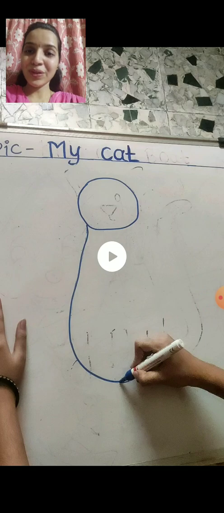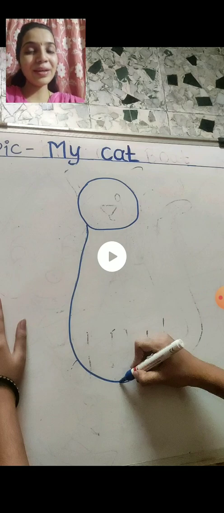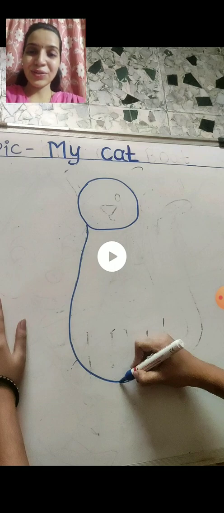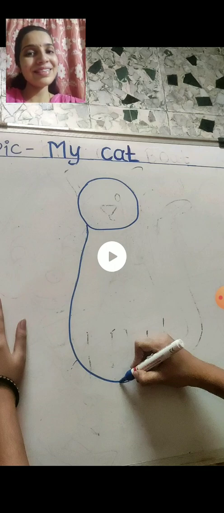So, today also we are going to make a very interesting drawing. You will like it. So, are you excited to hear our today's topic? Yes, so our today's topic is cat. I know you like cats, right?